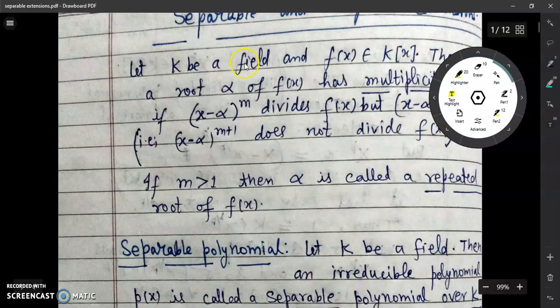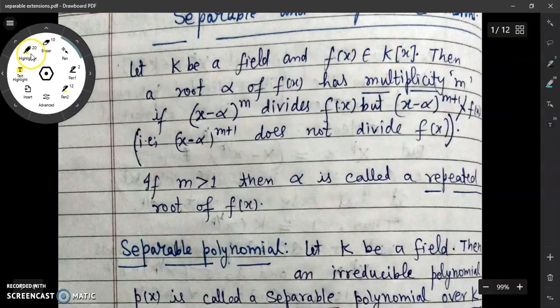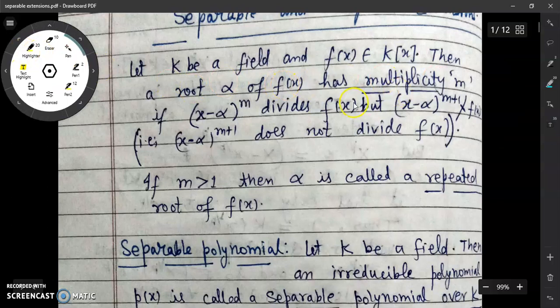Okay. So suppose that K is a field and f(x) is any polynomial over the field K, then a root alpha of f(x) is said to have multiplicity m if (x minus alpha) to the power m divides f(x), but (x minus alpha) to the power m plus 1 does not divide f(x).